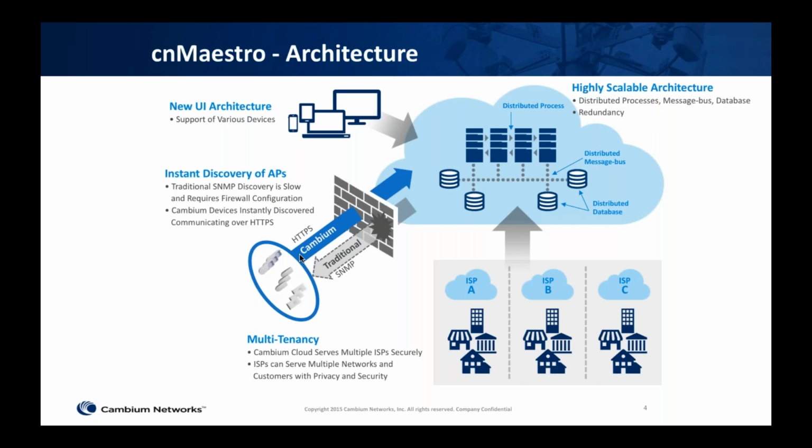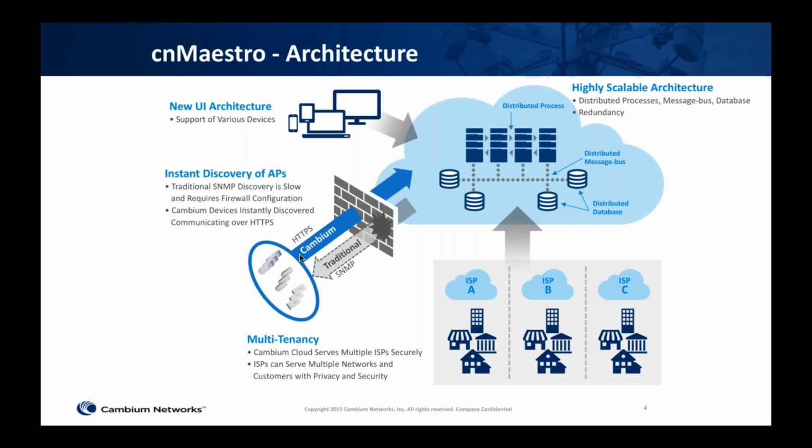And when it comes to cloud, usually cloud means highly scalable architecture. So right now, what we have inside the cloud, inside CN Maestro, everything is very, very highly scalable, depending on the amount of devices you have, depending on the amount of data you have.